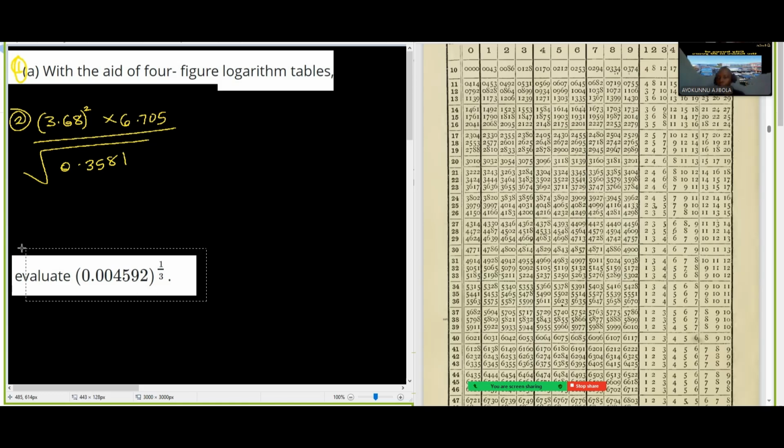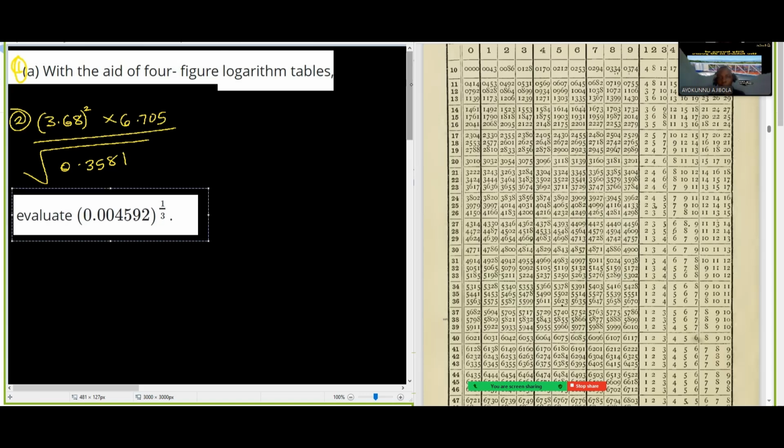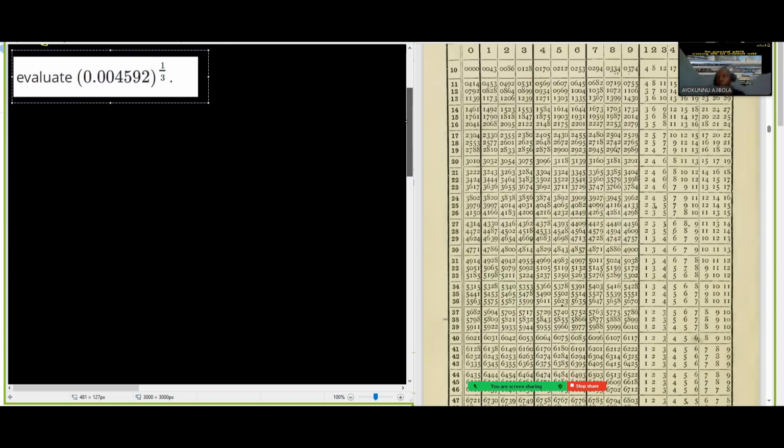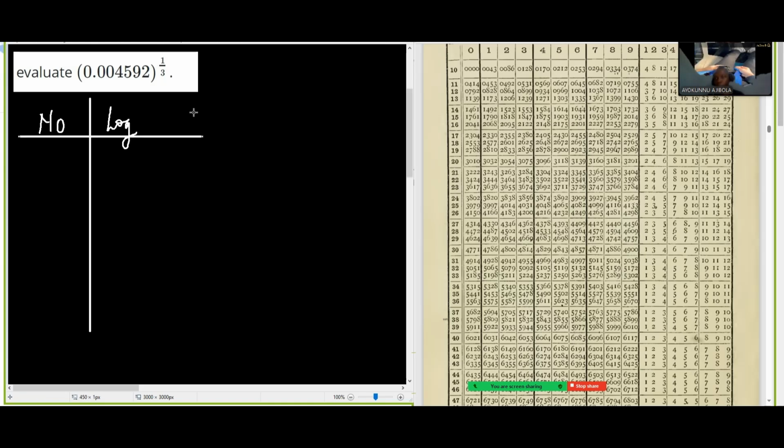Here's the question we want to start with using number log. We're going to write our number and logarithms, separated like a table.